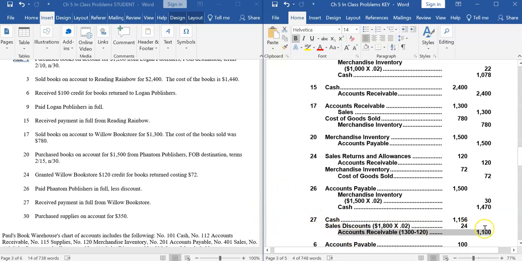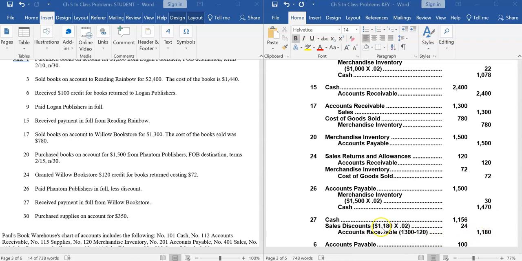We decrease the receivable because the entire receivable is being paid off. The amount of cash we receive for that receivable will be 2% less. So instead of, whoops, that number is wrong. Okay, I corrected that number. All right, so they owe $1,180.